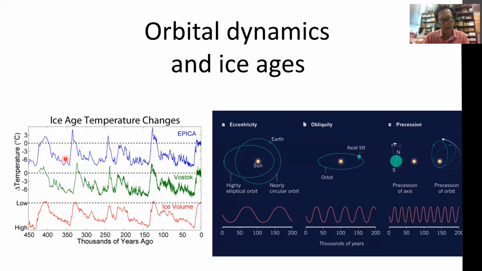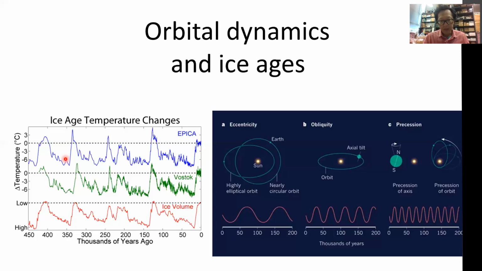So there's some cyclicity to these ice ages, and then slightly warm periods. And we think that to first order, that's controlled naturally by orbital dynamics. It's about how much energy from the sun makes it to the Earth and spreads out over the Earth. So it's the solar flux.